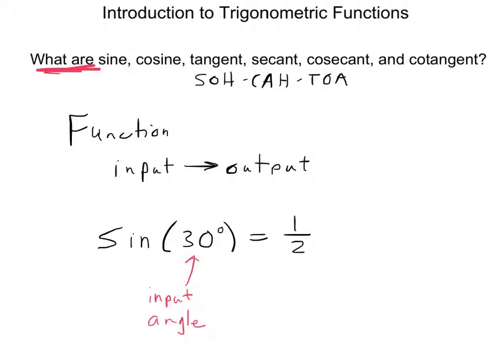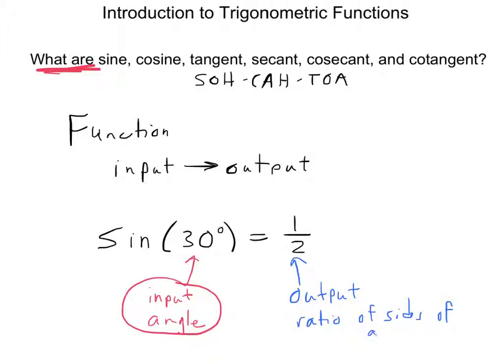So when you do sine, the input is an angle. The thing that you get out, the output, is a ratio. It's a ratio of the sides of a triangle. And this is where your SOHCAHTOA starts to become valuable.